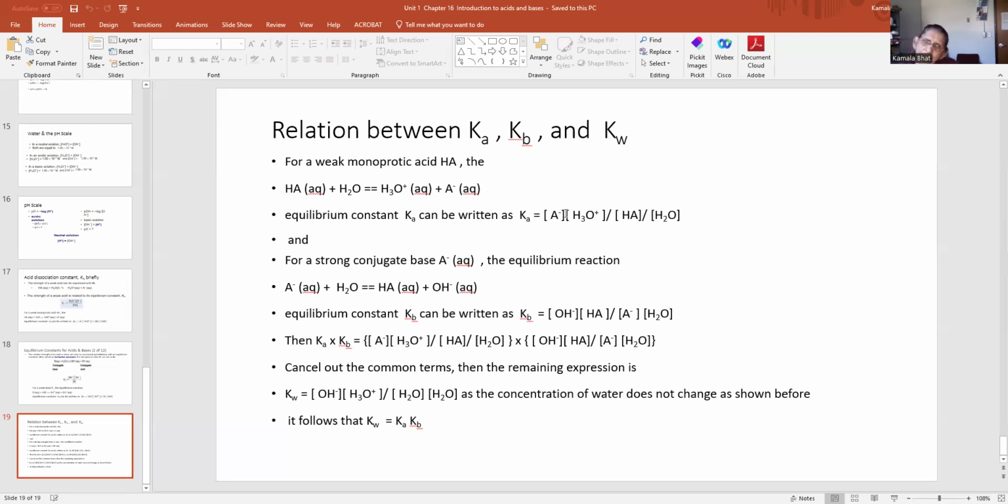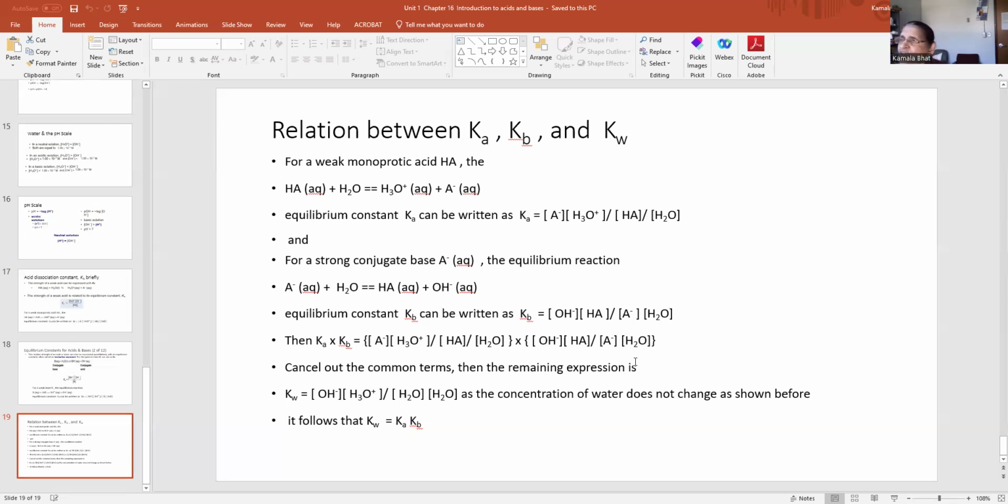Now, look at what happens when we multiply the Ka of an acid by the Kb of its conjugate base. When you do that, you get a large expression in which, if you remove the common terms, A- and HA, you get the expression OH- concentration times H3O+ concentration divided by H2O times H2O.